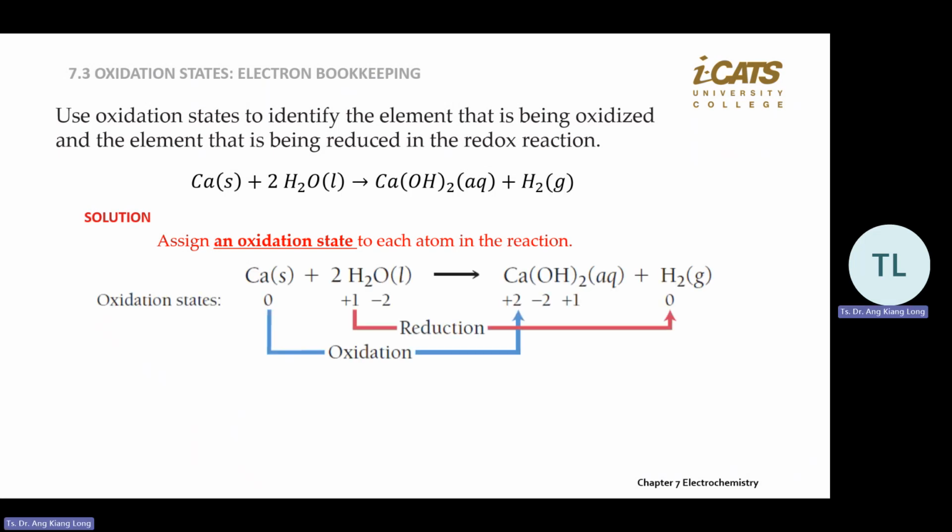You just copy this one. So you do the calculation by hand and write the oxidation state. You assign Ca, solid, no charge, straight away 0. H2O is a molecule, so you need to break it down and do the calculation. H2O is neutral, meaning the net oxidation number for H2O equals 0.